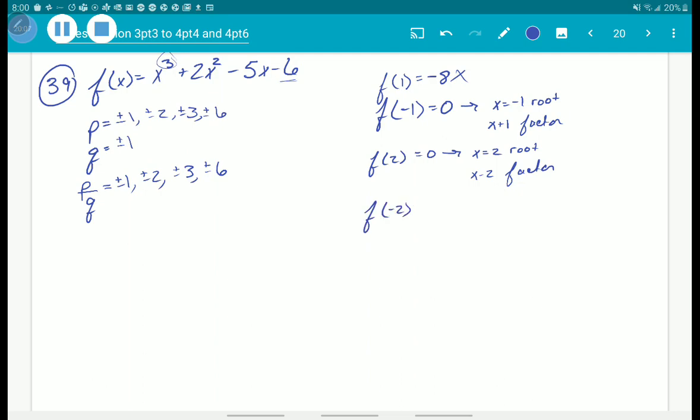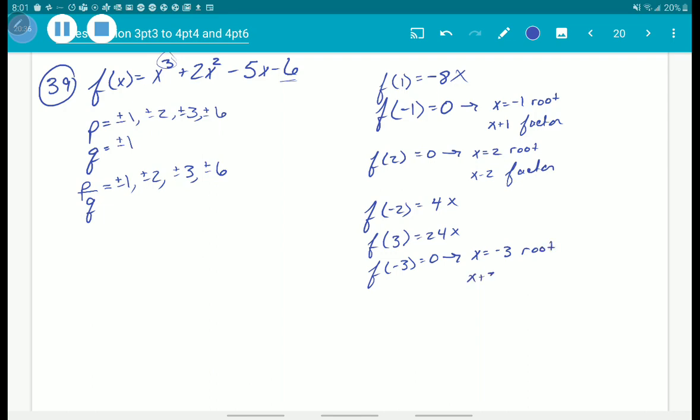Let's do negative 2. Negative 2 gives us a 4, so that one doesn't work. 3 gives us 24, so that one doesn't work. But negative 3 gives us 0. That means x equals negative 3 is a root.